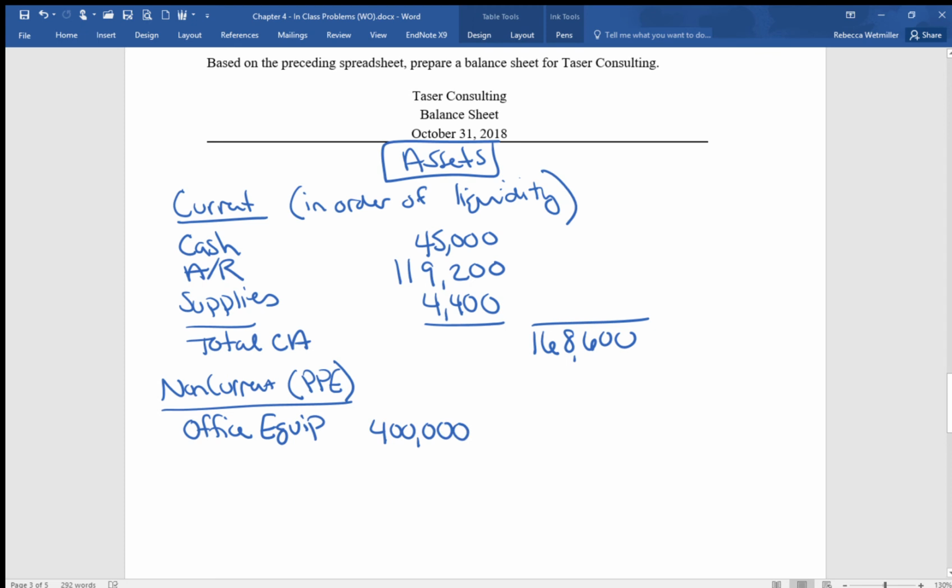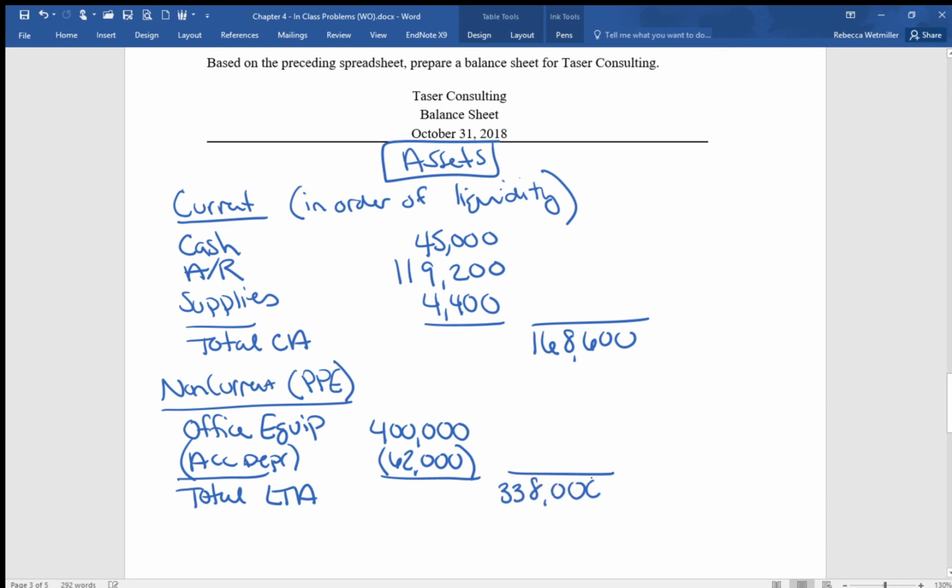But remember, for long-term assets, excluding land, we're going to have an accumulated depreciation associated with it, which offsets some of its cost. So in this case, we have $62,000 of accumulated depreciation, which gives me total long-term assets of $338,000.